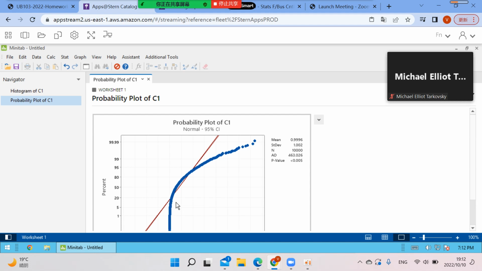So it takes a lot of time, but I don't know if there's some shortcut, like generating it 10 times in a single column without replacing the original ones. I don't think it's doable in Minitab. So what I did is I generate 10 times, and each time I copy 10,000 data and add that 10,000 data to the next column.